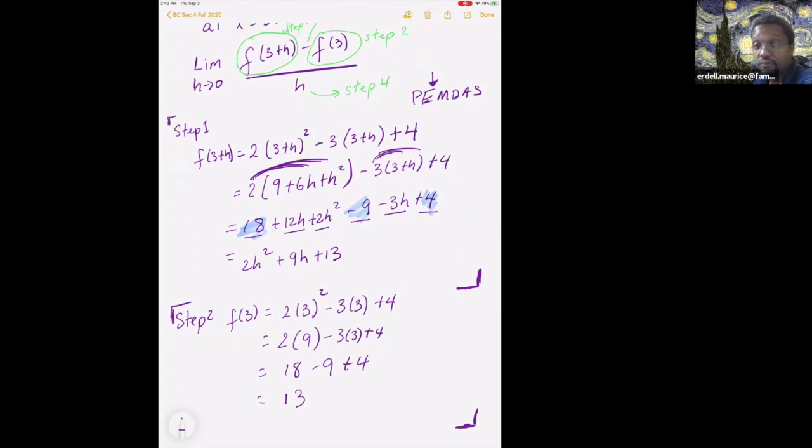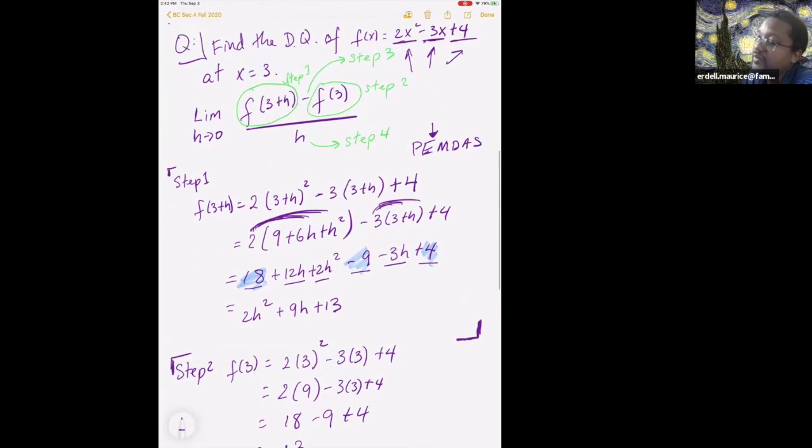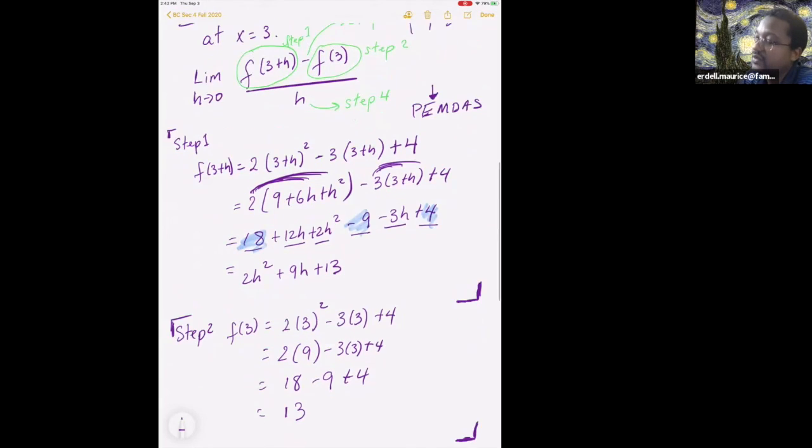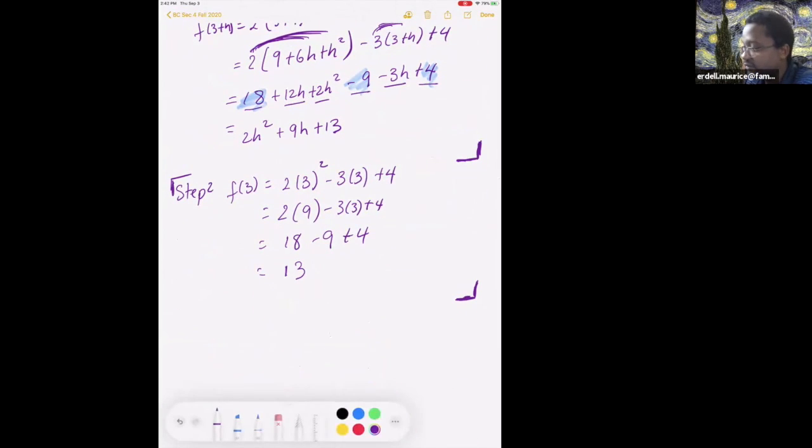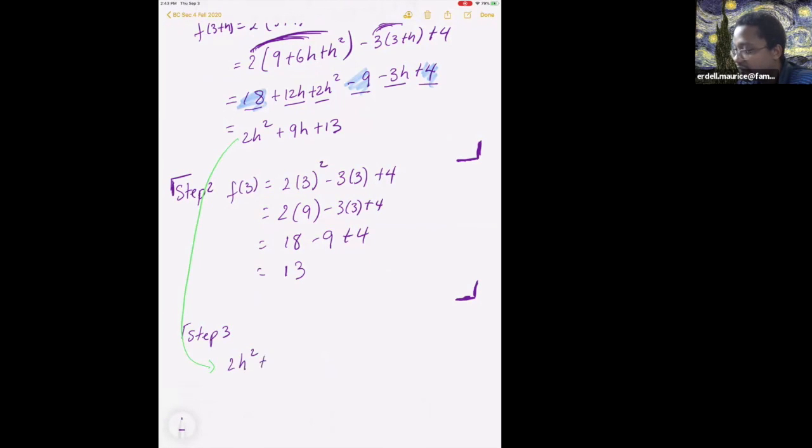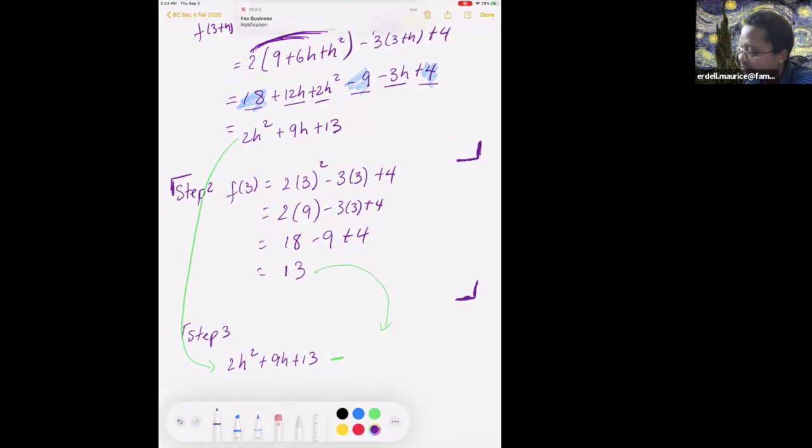So, with that in mind, step number 3 is to subtract the 2 answers. Take the answer from the previous one, 2h squared plus 9h plus 13. And then from that, subtract the answer from the other one, 13.